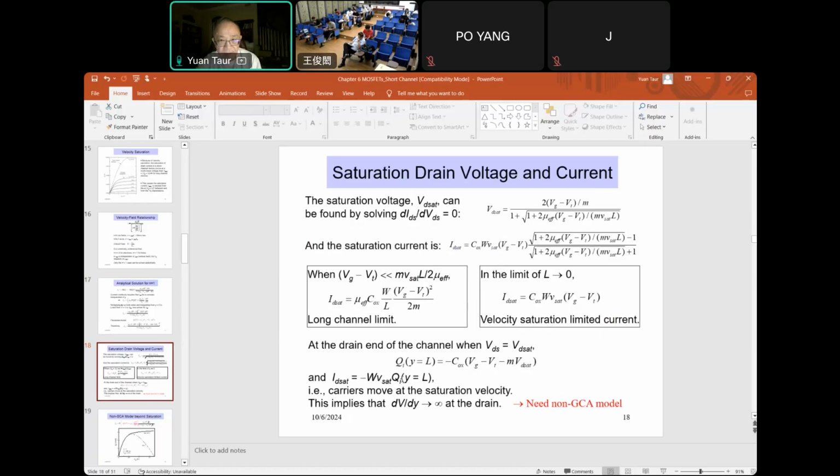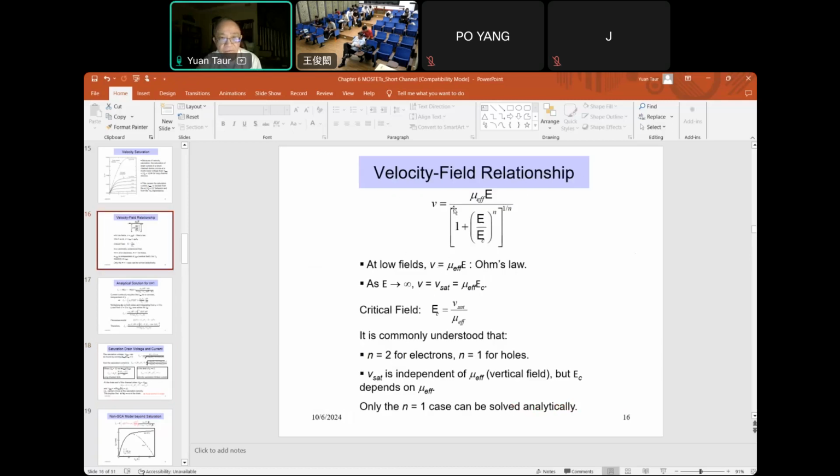So the reason that the current reaches the maximum at V_Dset is because the velocity at the drain reached V_set. But we go back to this expression. V equal to V_set means that E is infinity. So the asymptotic value you can get is when E is very high.